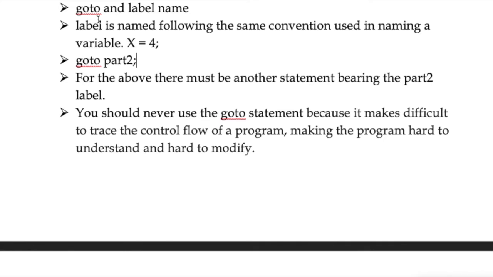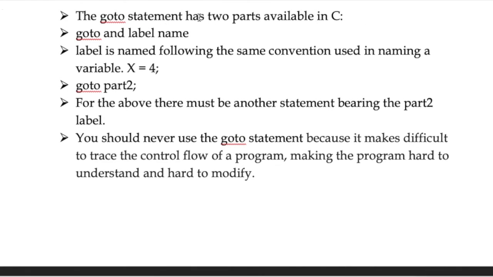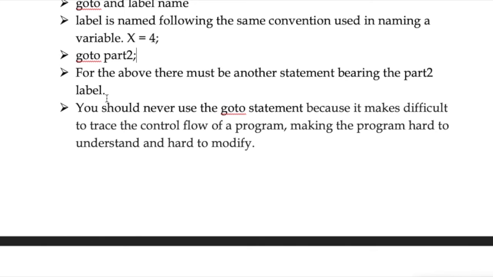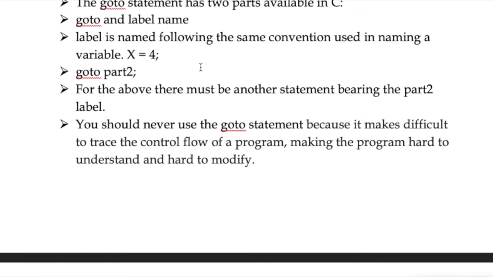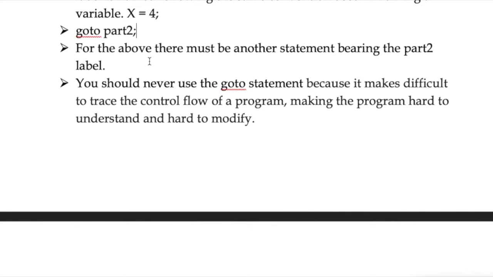The goto statement is the other kind of statement provided by C to us. For the above, there must be another statement bearing the label. So if we assign the goto part, we also need to assign the label part, for which we use the label.